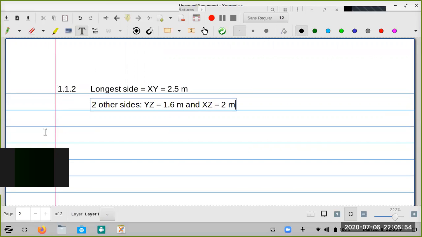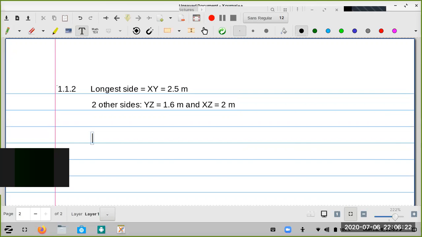Now, remember on 1.1.1 we have already defined Pythagoras theorem. The square of the longest is equal to, let me just write that one. The more we write the definition, the easier it will be for us to recall it.